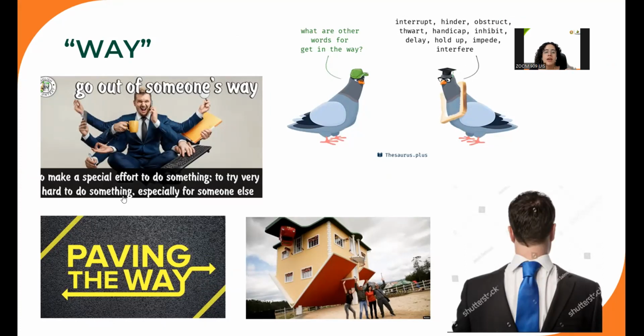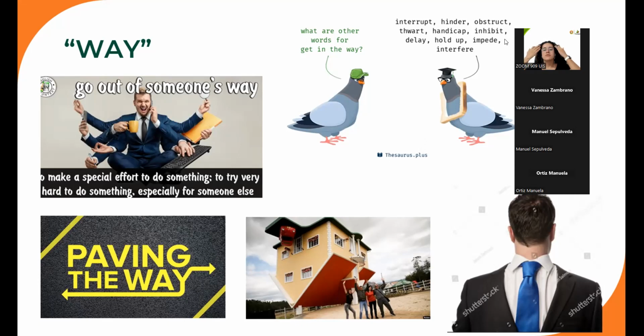Okay? Next, we have pave the way or paving the way. Do you remember this expression? I think we already studied this. To pave the way. Yes, teacher. Like allanar el camino. Yes, it's something like this, allanar el camino.